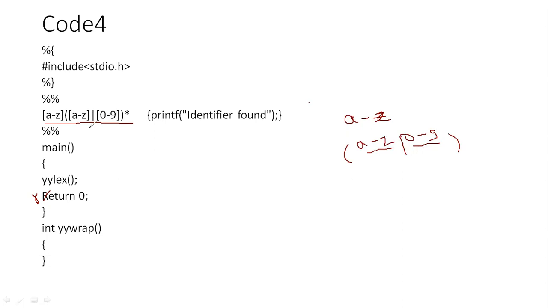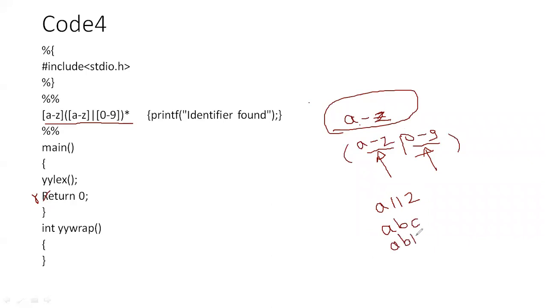So any identifier which is starting with the letter A to Z, and any combination of A to Z or 0 to 9 after this letter, is allowed. That means A1, A11, A112 is also an identifier, and ABC is also an identifier, and AB11 is also an identifier.